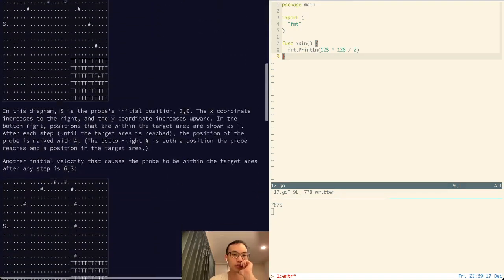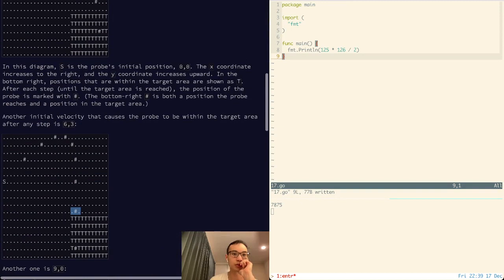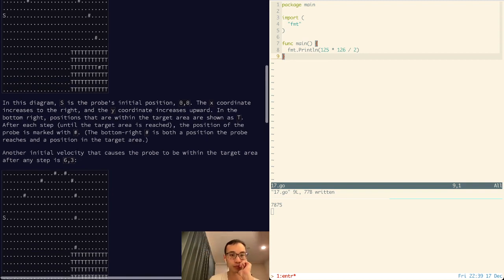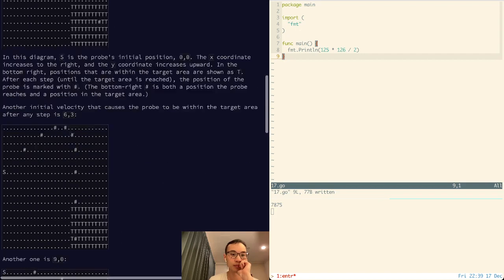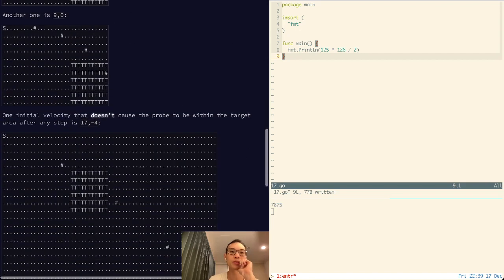The way I would have thought of this was everything that is 6 or 7, then cross product that with all the y's that work, which could be probably 1, or maybe 1 won't reach far enough. But then these ones are tricky, right? Because these ones, they point down. And if they point down, the maths is completely different again.